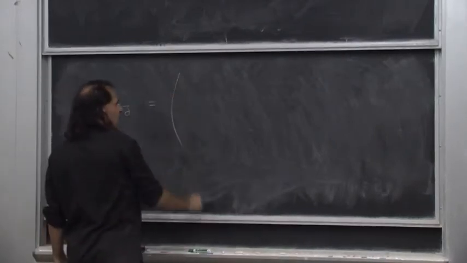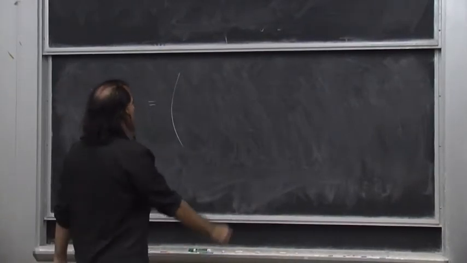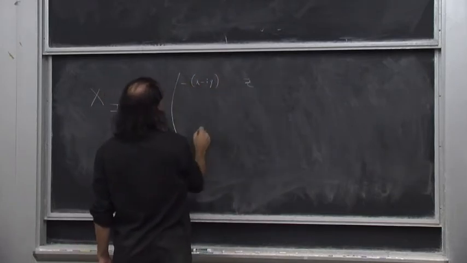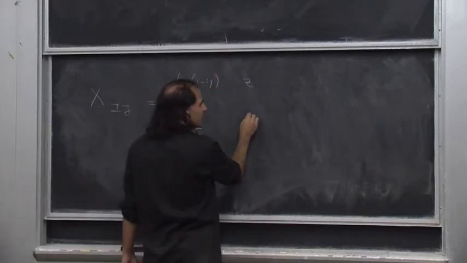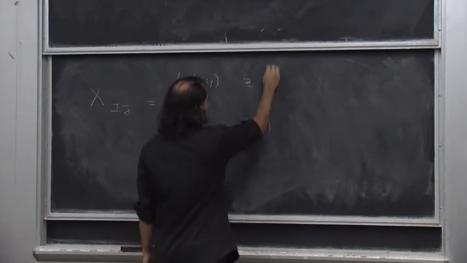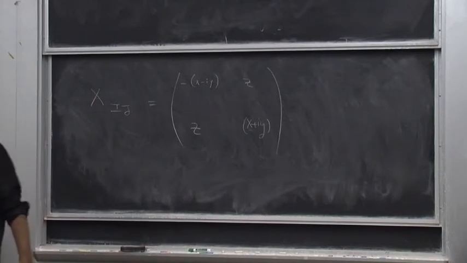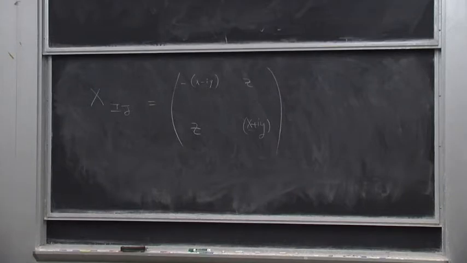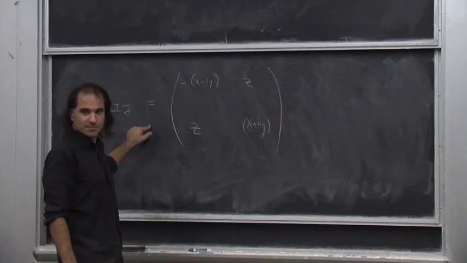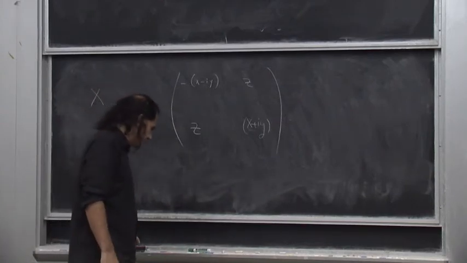If I write it as a matrix, it's minus x minus iy, z, z, and x plus iy. This is a matrix you don't normally think about. It's a symmetric matrix, and it has no trace properties at all. Of course, it doesn't make sense to take the trace of this matrix. It has two downstairs indices. But it's symmetric.